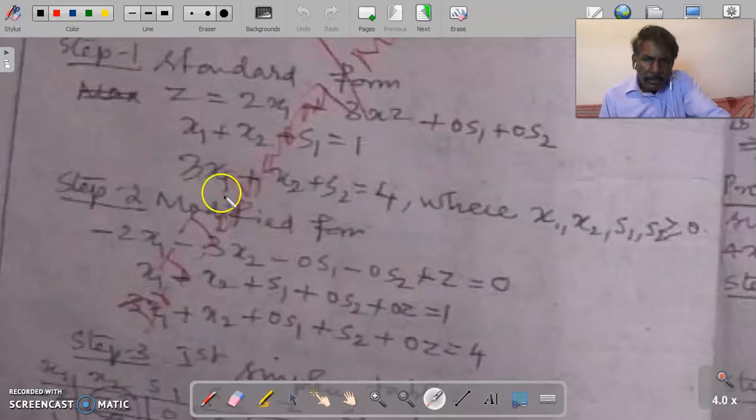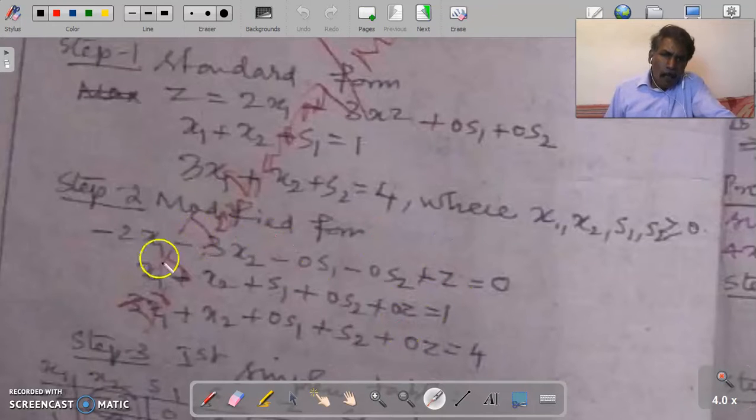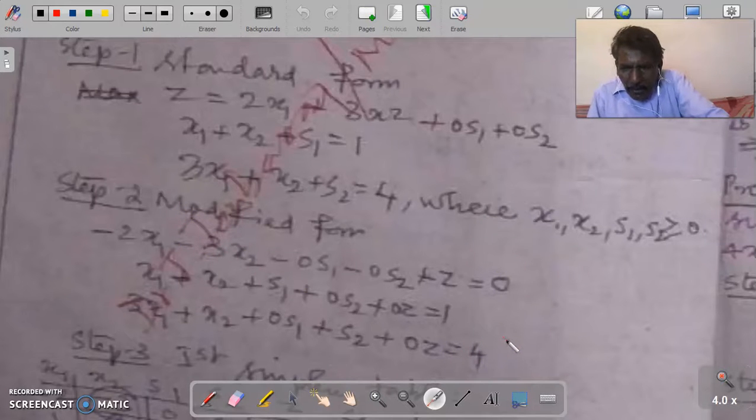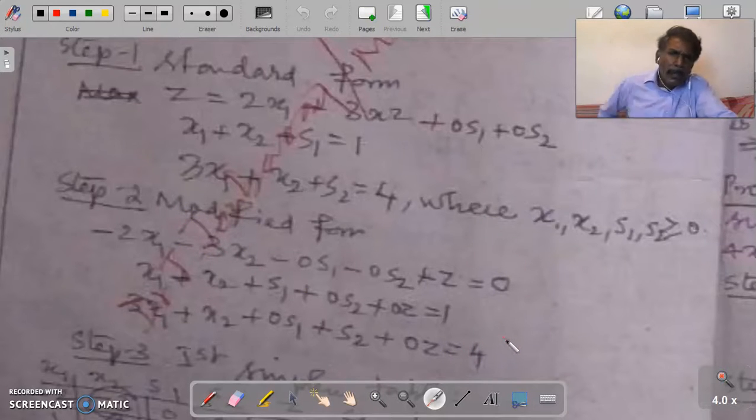Similarly here, s2 is there, x1 is not there, so we have 3x1 plus x2 plus 0s1 plus s2 plus 0z, because z is not there. So variables on the left hand side and constant on the right hand side is called a modified form.